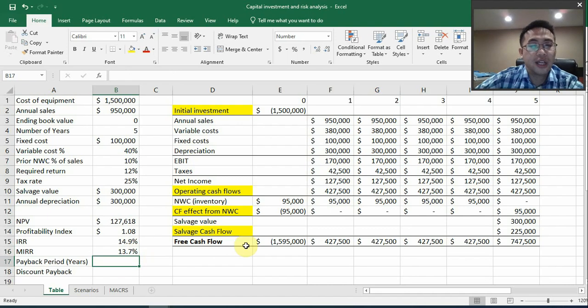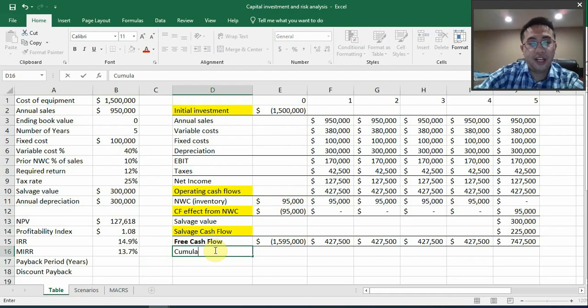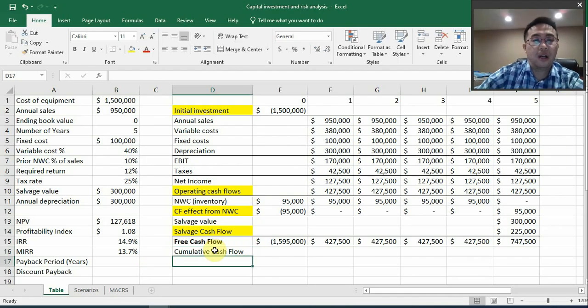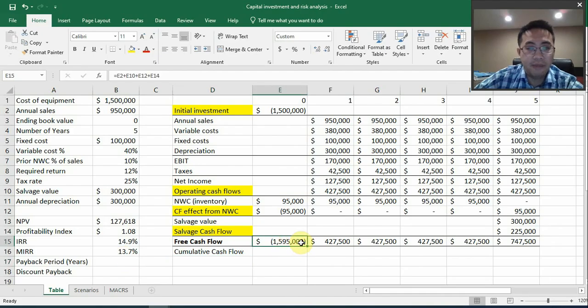All right, to get the payback period, we're going to do something extra, meaning we're going to calculate the cumulative cash flow here. Then try to get the balance of each year, and then get the number of years that this investment will be paid off.